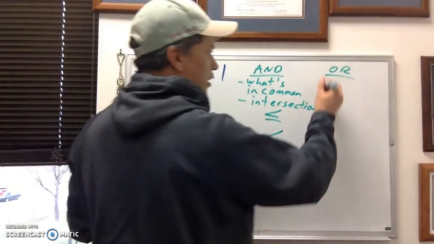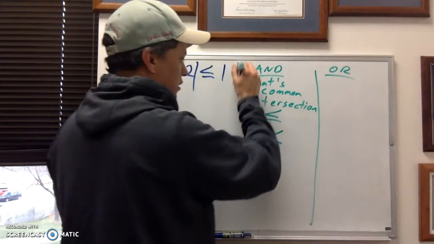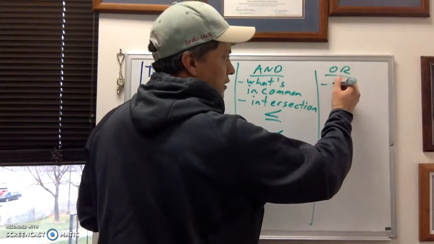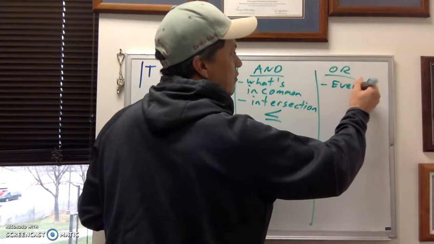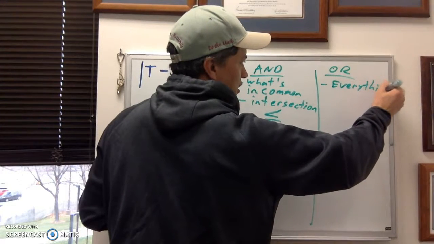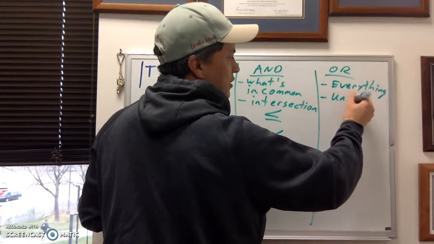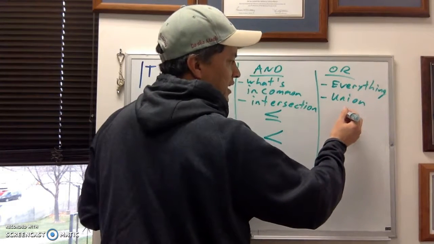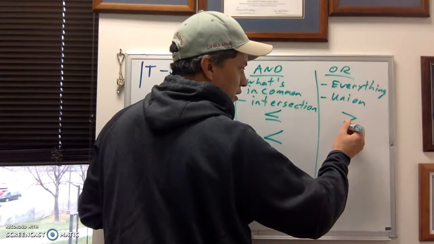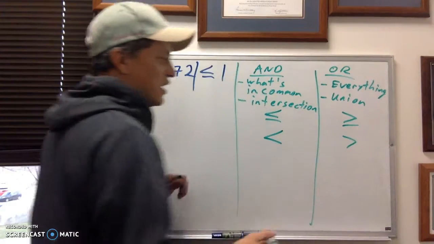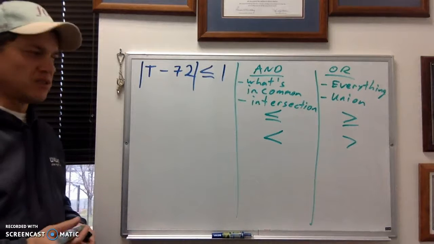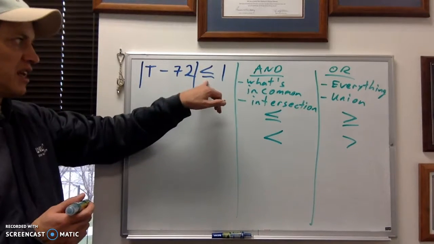Compare that to the or. Remember we talked about that. That's everything. It's on the number line, it's in the answer. And it's a union. And that would be in cases where you have greater than or equal to signs. Okay? So those are going to be your two situations there. So this guy is an and.